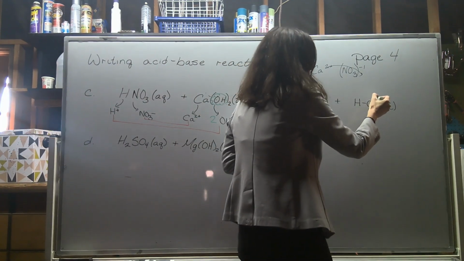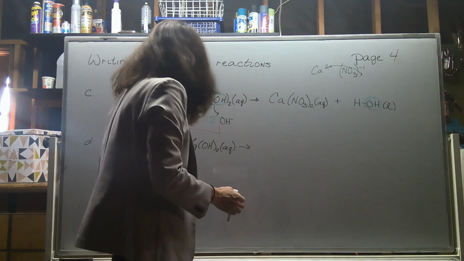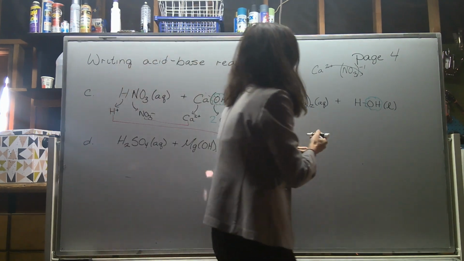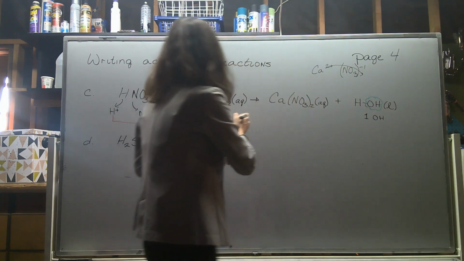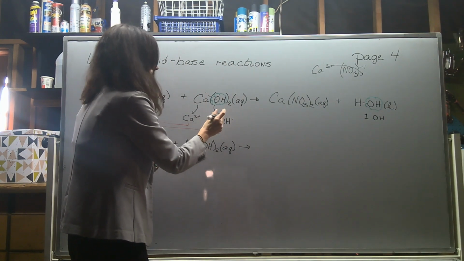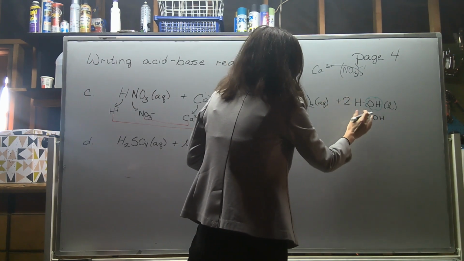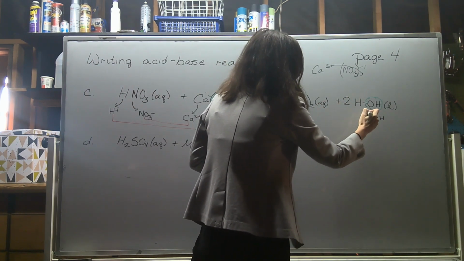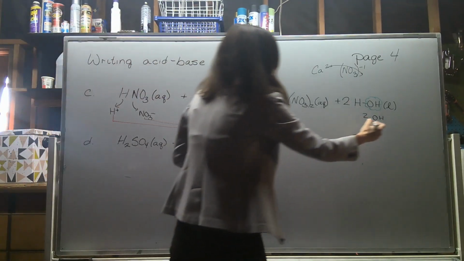Keeping this as HOH allows me to identify that hydroxide. And currently there's just 1 of them. So we have 1 hydroxide over here and 2 hydroxides over here. If I put a 2 out front here, that's going to fix my problem. Now we're balanced for OH- on both sides.